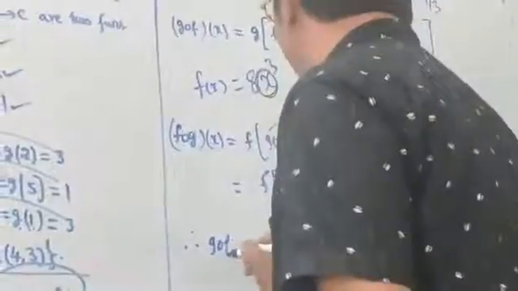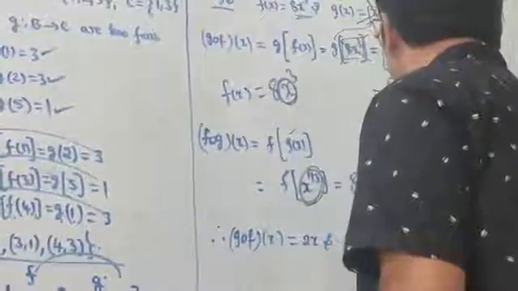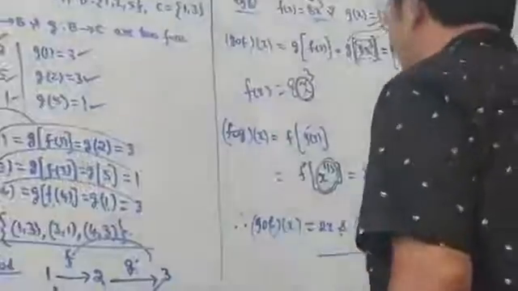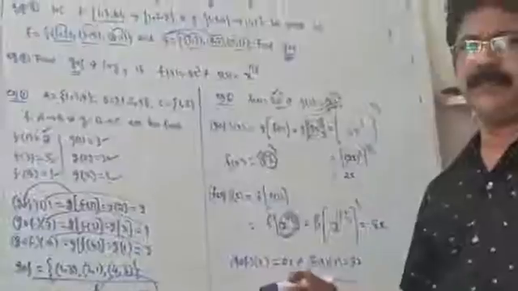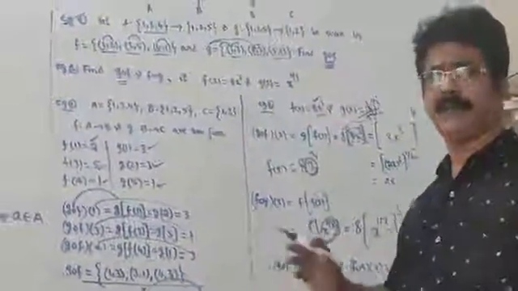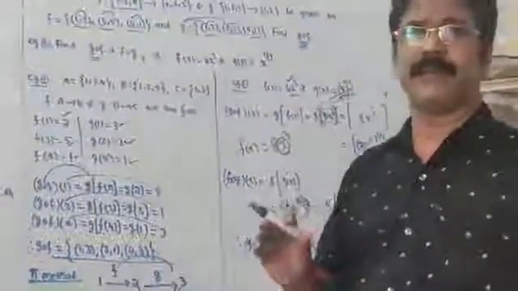Therefore G circle f of x is equal to 2x and f circle g of x is equal to 8x. So sometimes both f circle g and g circle f may be defined, but f circle g is not at all equal to g circle f. Over.